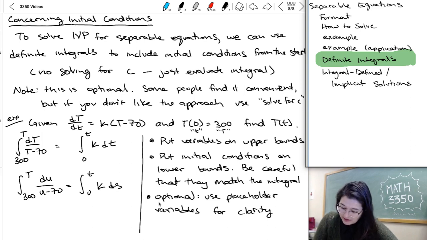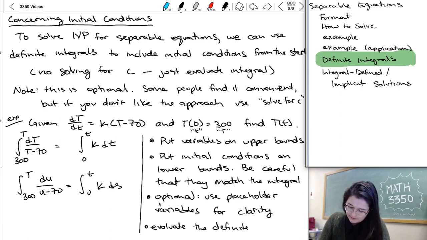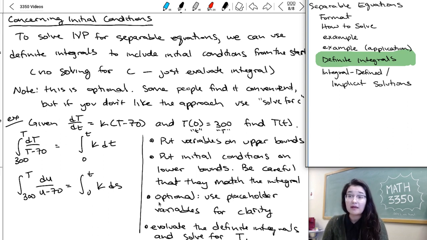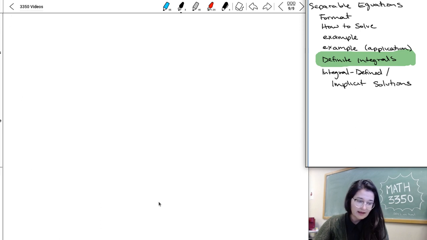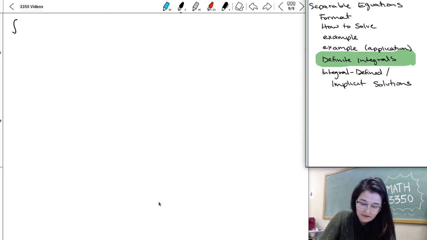And then what we're going to do is evaluate the definite integrals and solve for whatever variable you need. In this case, it's going to be big T. And so I'm just going to show you how that ends up looking for us.